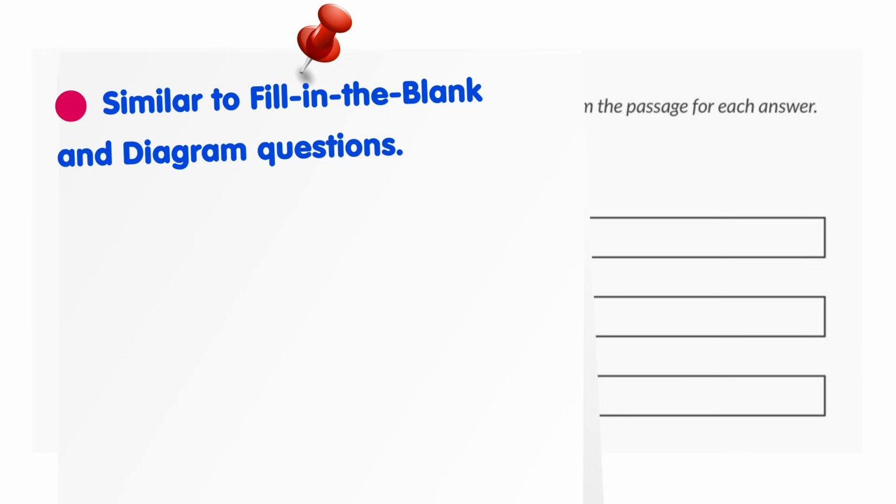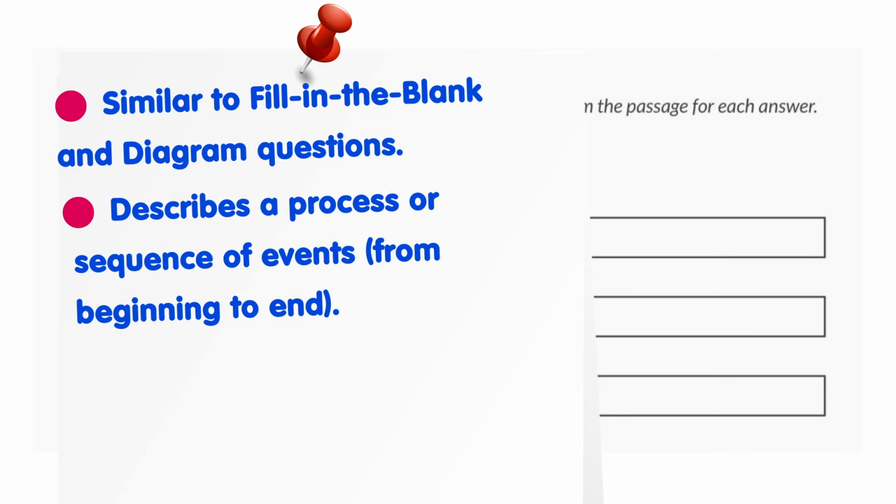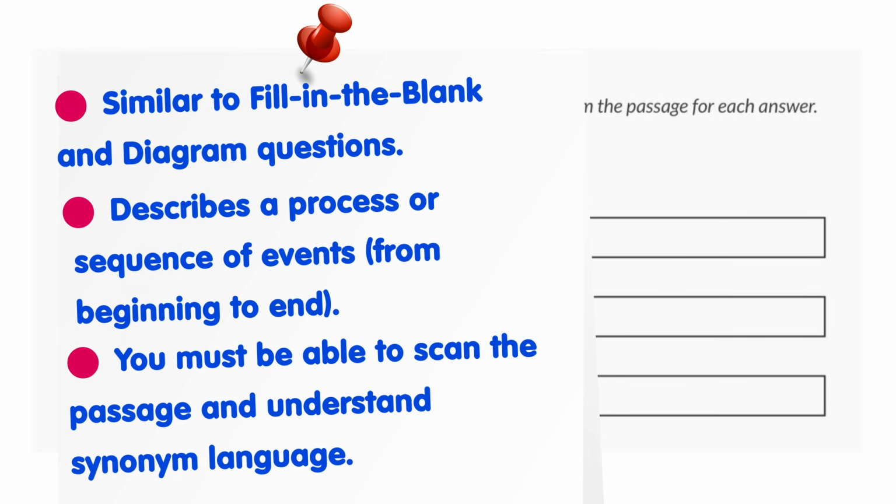It describes a process or sequence of events from beginning to end, and you must be able to scan the passage and understand synonym language in order to answer this type of question correctly.